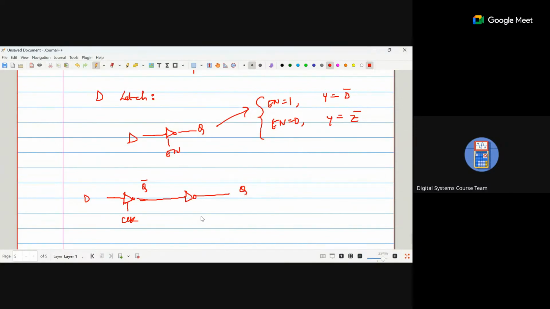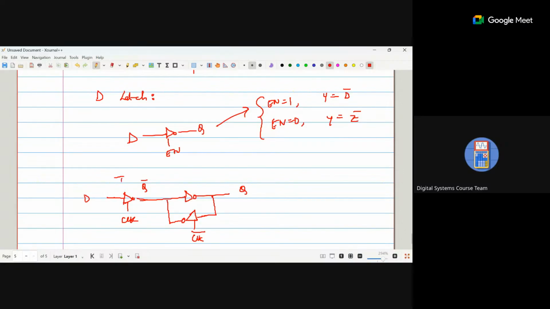So now this Q will again be taken and given as another tri-state inverter here, and here it will be negative triggered. So here a clock bar is given, where again this will go and reach here at this point.